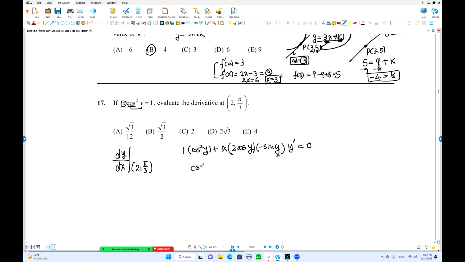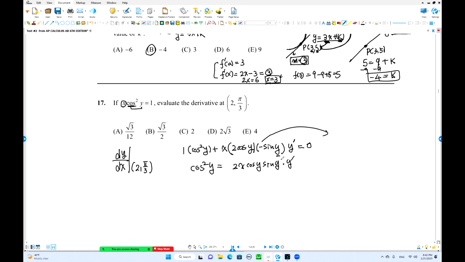So this is cosine squared of y. I'm going to move it to the other side. Equals x times minus; when you move to the other side, that is a positive, right? So 2 times x cosine y and sine y and y prime. Are you okay with this?